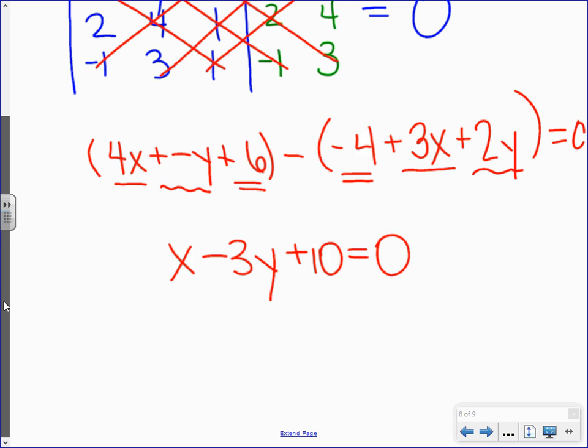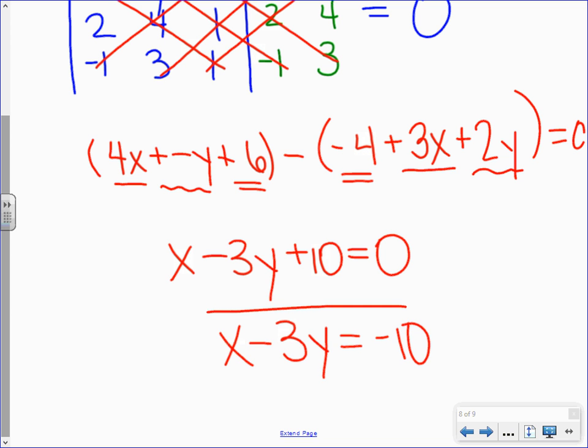So in standard form, x minus 3y equals -10. Yes. You want it in standard form. Right. Just keep it in standard form. Ax plus by equals c. That's enough. No need to solve for y.